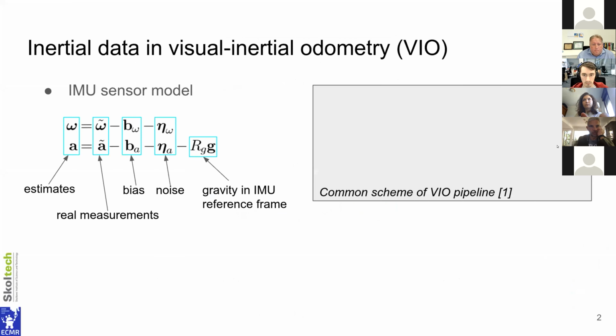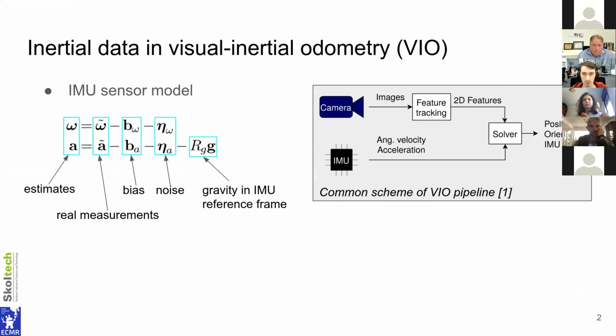First of all, let me briefly describe the IMU sensor model for tasks, for example, visual inertial odometry. In addition to real measurements, the classical IMU sensor model introduces random noise and smooth, slowly varying bias into this model.